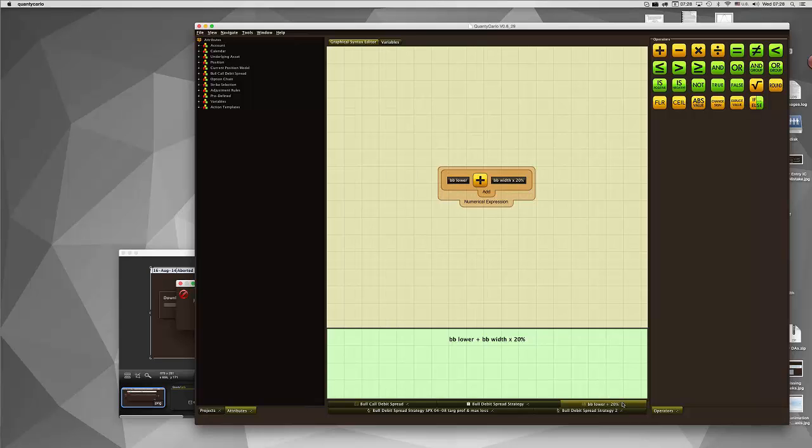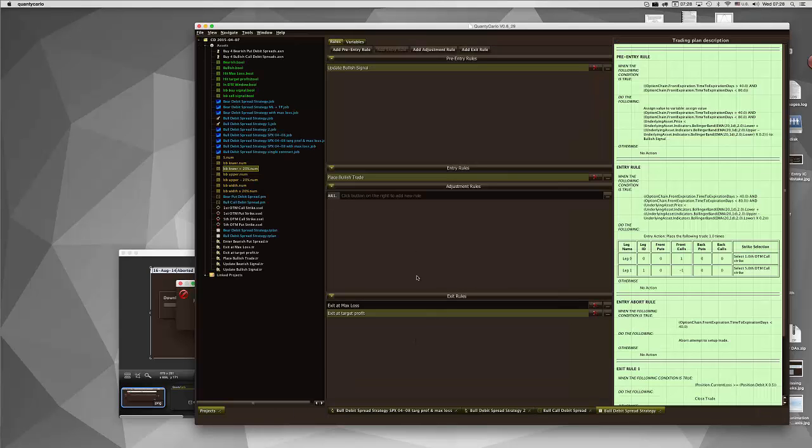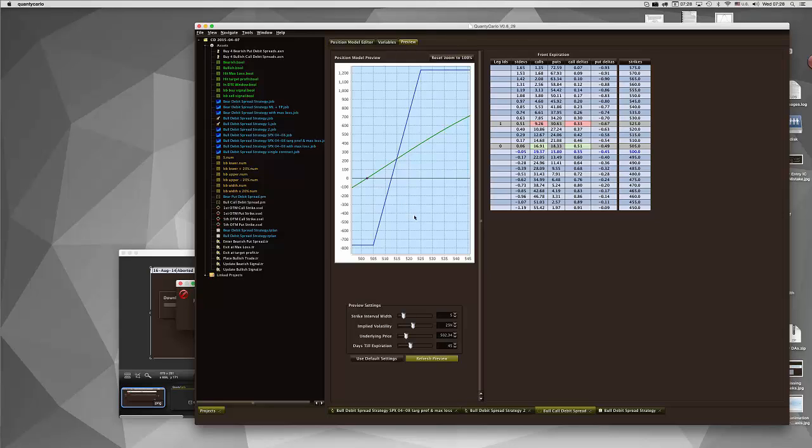Also, if I look at my call debit spread, I'm choosing for my long my first call out of the money, and I'm choosing for my short my 5th call out of the money. Now, who's to say that that's the optimal combination? Well, I don't know.